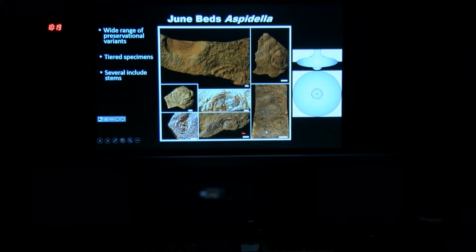Several include stems, which further supports their interpretation as a holdfast structure whose petalodium escaped preservation. And of course, I'm talking specifically about Aspidella and its variants here.